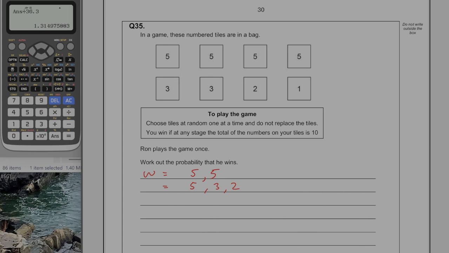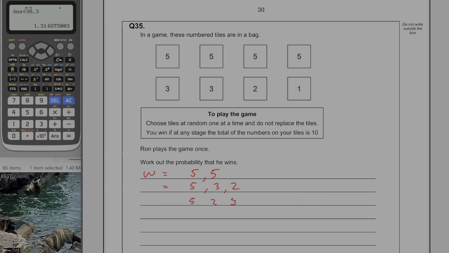That's my only way of winning. Just think. Oh, right. Okay. So in effect, we could do a 5, a 3, and a 2, a 5, a 2, and a 3.